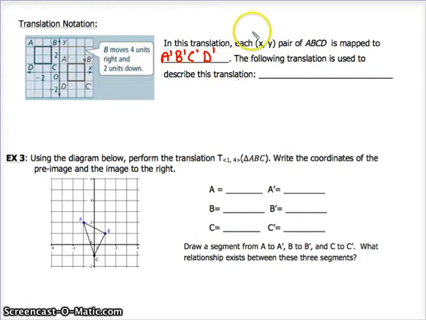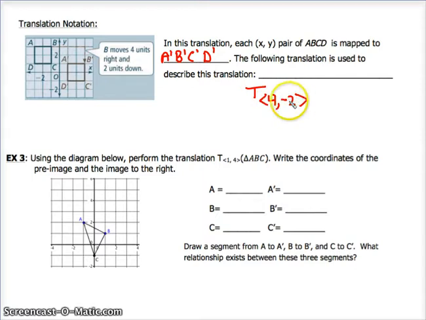So using my notation, I'm going to move right down here just so I have some more room. It's a translation, capital T, and in the subscript is where I talk about the size. So I'm going to use these pointed brackets and the size of this translation to show that I'm moving 4 units to the right. That's 4. And then 2 units down. Because I'm moving down, I'm moving in a negative direction.